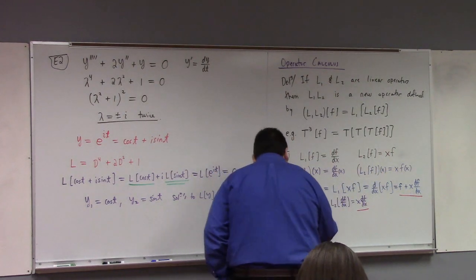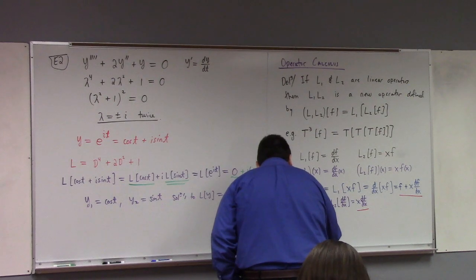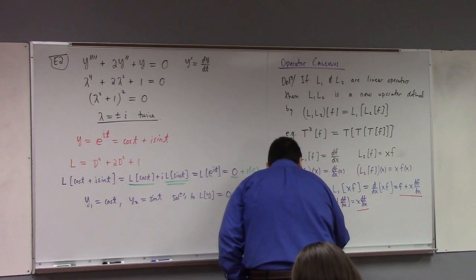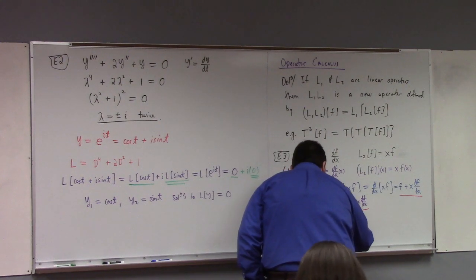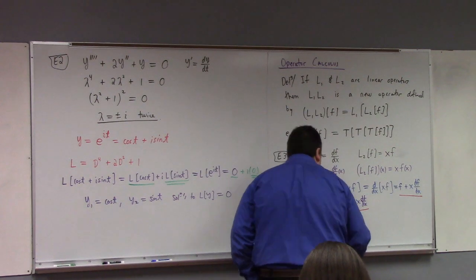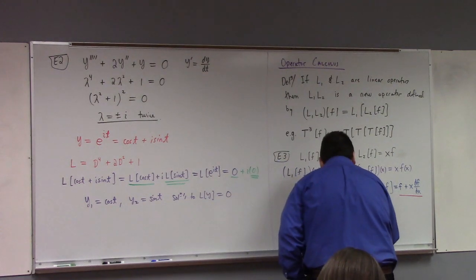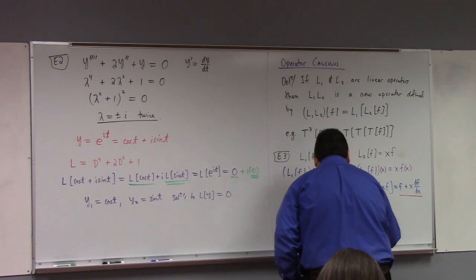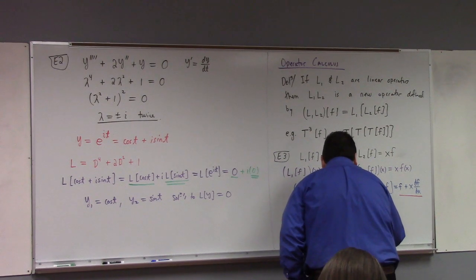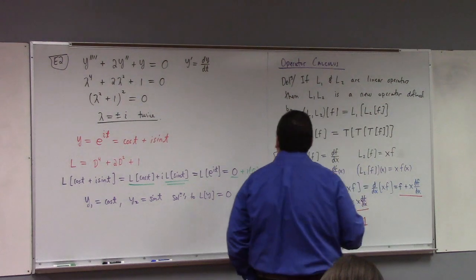So if we calculate what's called the commutator, which is [L1, L2], by definition this is L1 L2 minus L2 L1. You can see that what you get from this is just 1. I'll explain it up here.